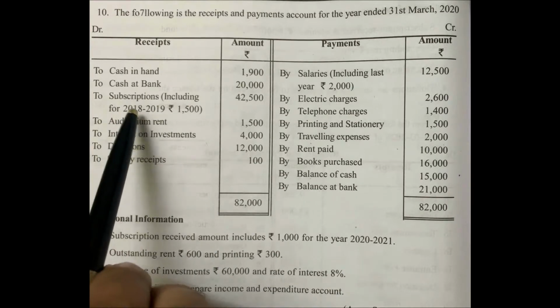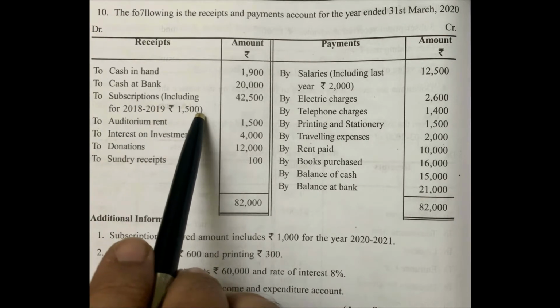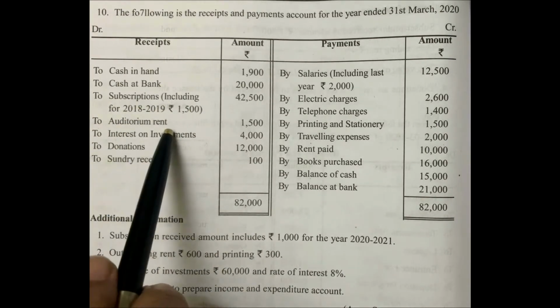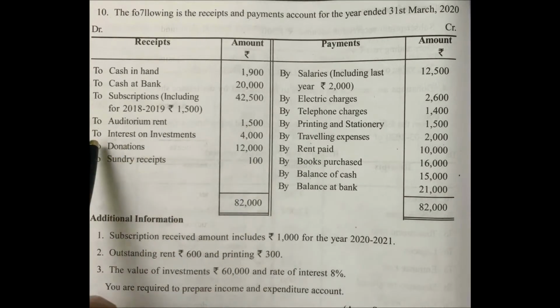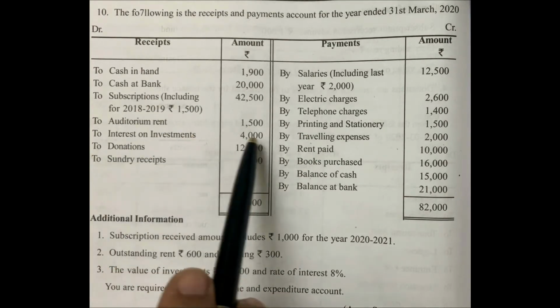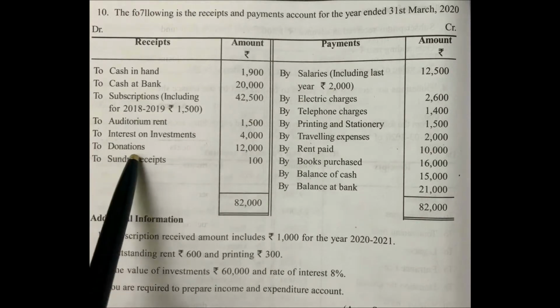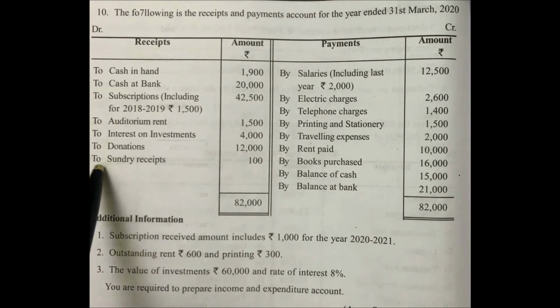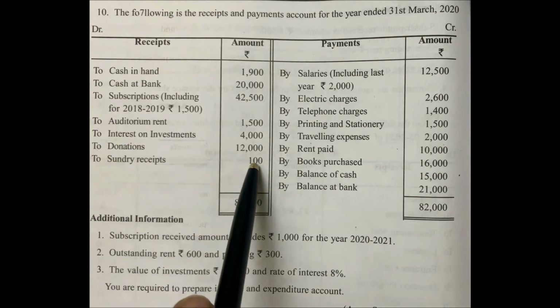including for 2018-19 1500 rupees, to auditorium rent 1500 rupees, to interest on investments 4000 rupees, to donations 12,000, to sundry receipts 100 rupees.